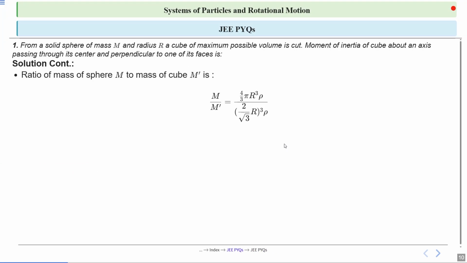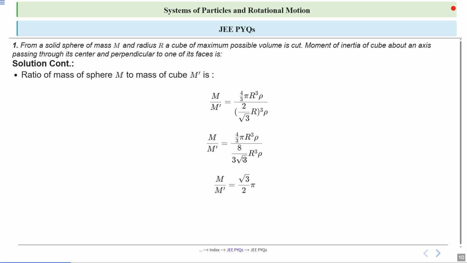So the ratio of the mass of the sphere to the mass of the cube m prime: the mass of the sphere is 4 by 3 pi r cube rho, and the mass of the cube is 2 by root 3 into r whole cube into density. Alright. So solving this, m divided by m prime is equal to 4 by 3 pi r cube rho, and after cubing, 2 cubed is 8, and it will be 3 times root 3 r cube rho.